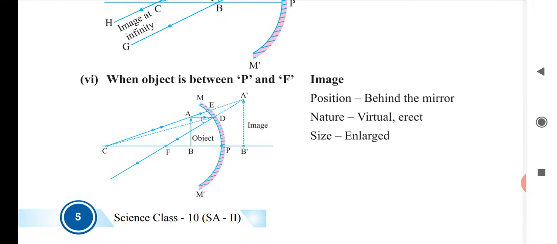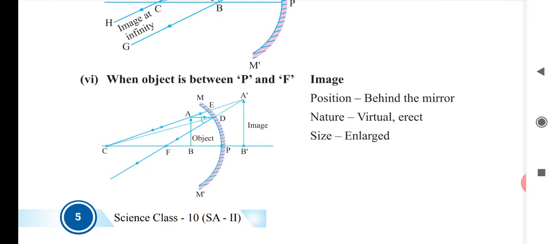So I already said, if the rays are appearing to meet, that kind of image we call a virtual image. Also, a virtual image is always erect. You can see AB is upside, whereas A dash B dash, the image, is also upside. So this kind of image we call erect, and since the rays are appearing to meet, we call it virtual.